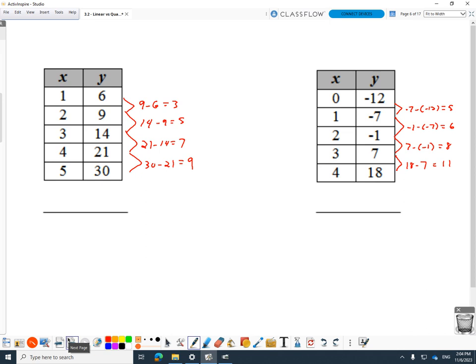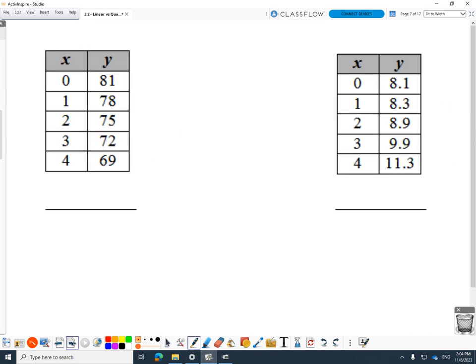All I've said is linear means they're going up by the same amount. Are either of the last 2 linear? Maybe one of them is. Okay, so there's one more linear out there. This one here: 78 minus 81, it's going down 3. That's why it's called first difference. I'm subtracting to see how much it went up or down.